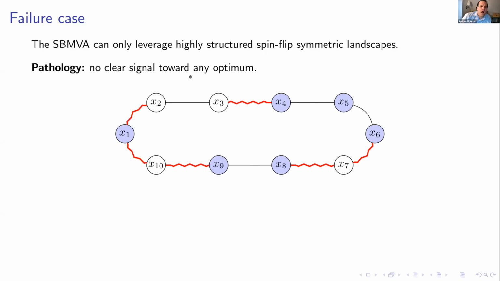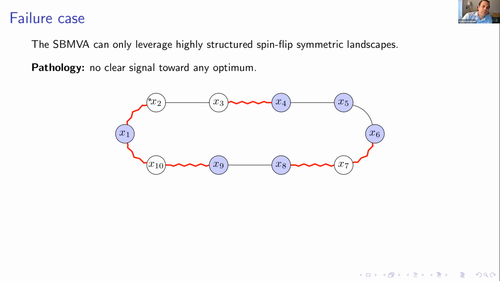So to show this failure case, we considered a problem that has quite a lot of neutrality. This is called the one-dimensional Ising model, named after physicist Ernst Ising. Essentially, we have a graph, in this case a cycle graph, on n vertices. Each vertex corresponds to one of the elements in our string.